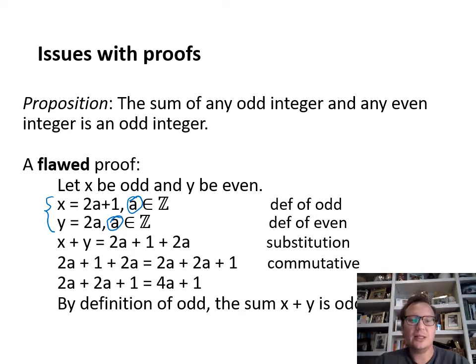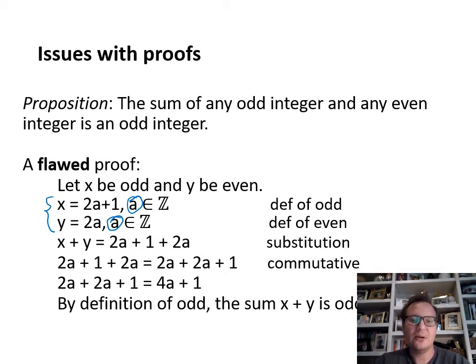So when you do that, you are basically assuming that this a is the same for x and y. And so you are constraining x and y to be integers that are adjacent to each other. And hence, you are not proving this theorem for any pair of integers. You're proving this theorem for two integers that are adjacent to each other. And so this is a big mistake that results in a flawed proof.